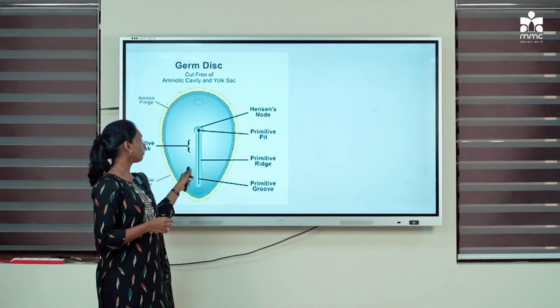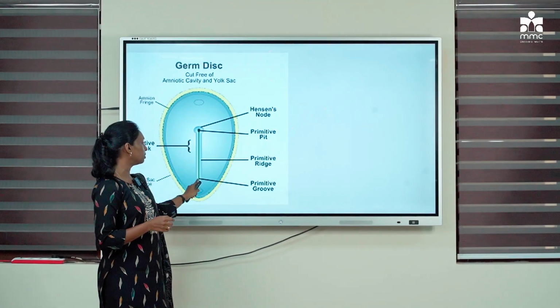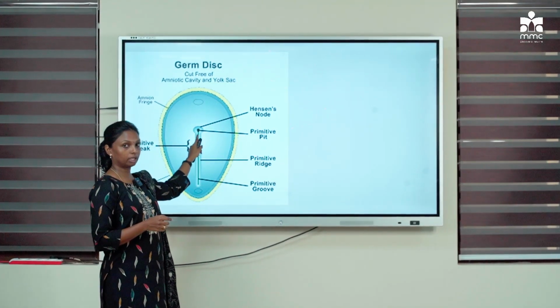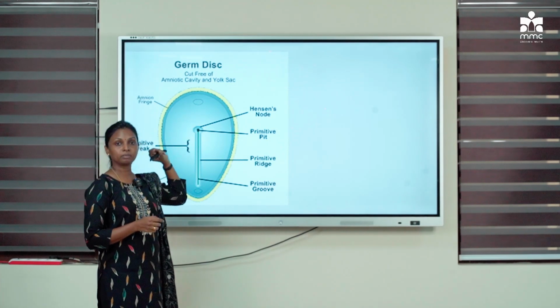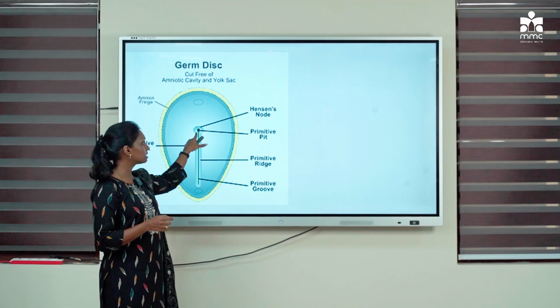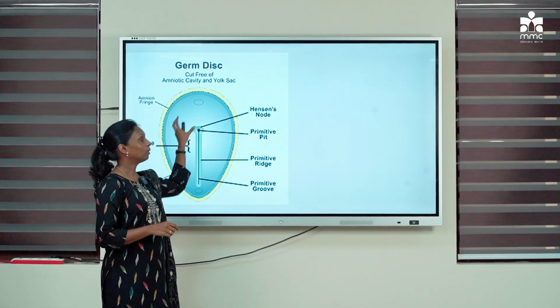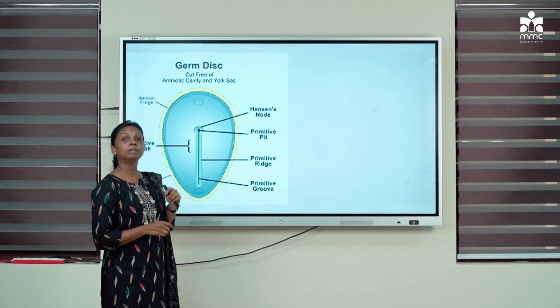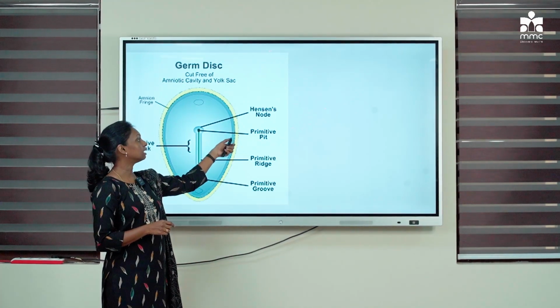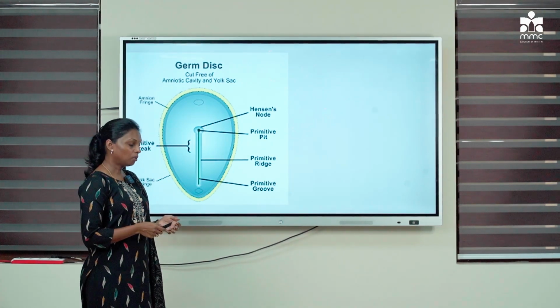So the primitive streak is a narrow linear groove seen at the caudal end of the embryonic disc, while its cranial end shows a knob-like elevation, the primitive node, otherwise called Hensen's node, with a depression at its center called the primitive pit.